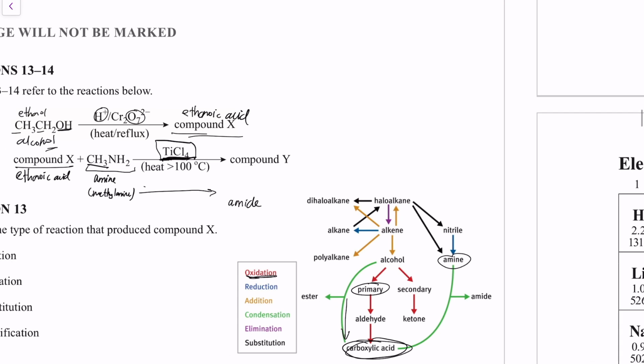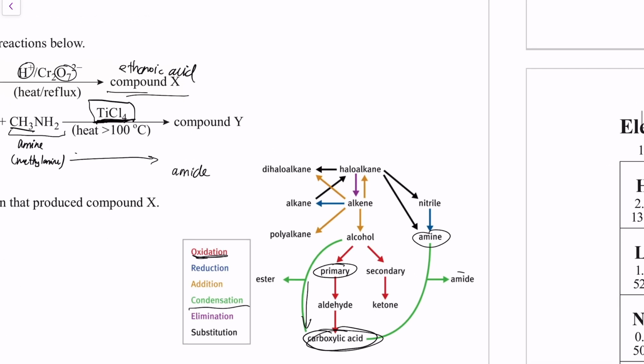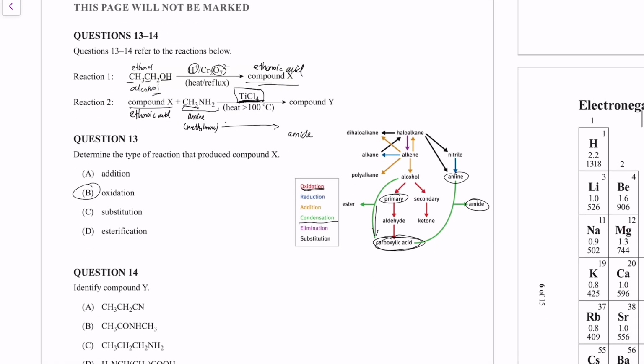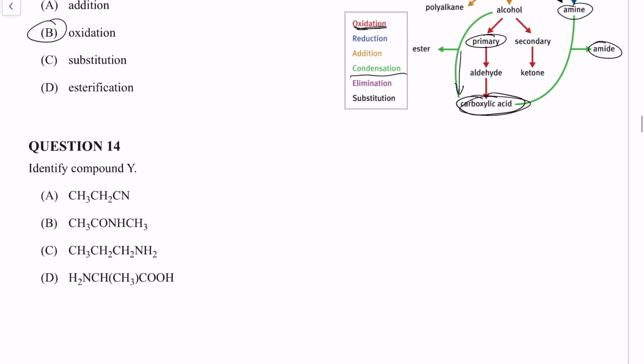Those combine in a condensation reaction to form an amide. And we remember amides are basically with the NH, but they have an O, an oxygen group.